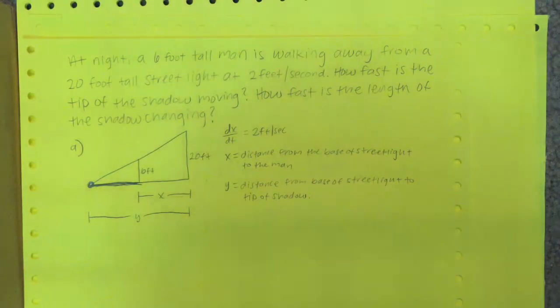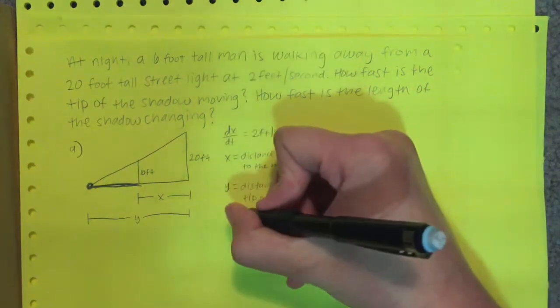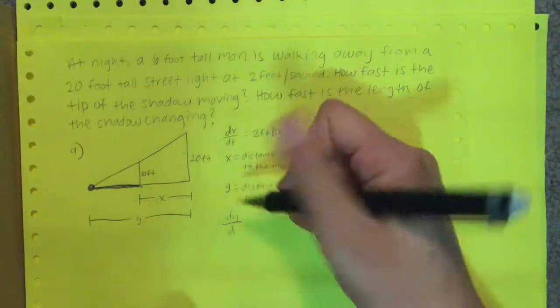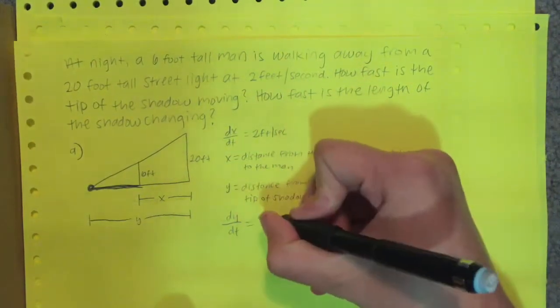And we're looking for dy/dx. That's our unknown. Sorry, dy/dt. That's our unknown.